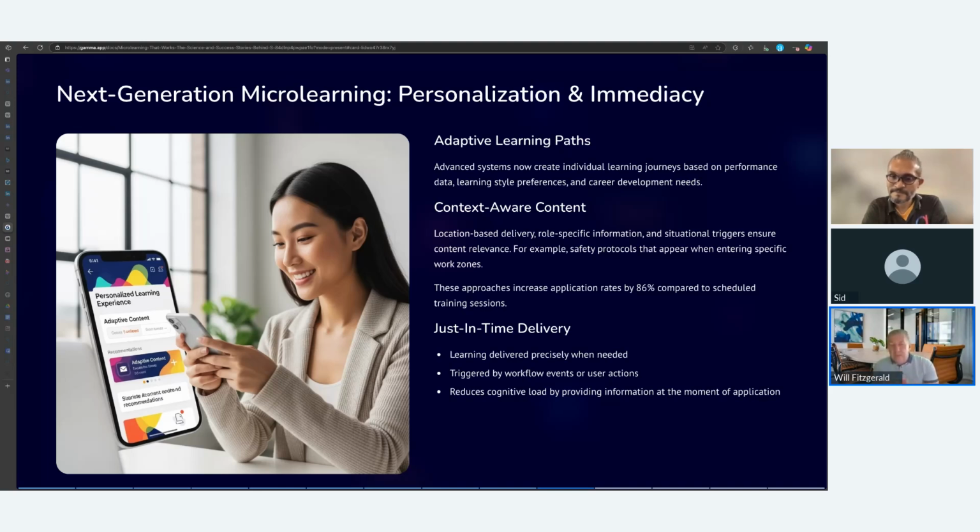So that adaptive learning path will cater for it. And suddenly the learner has a much more seamless, personalized experience. In many cases, I've seen that they want to stay on the platform and continue the journey just because it's meeting their needs and adapting to who the learner is. So I think that's very important.